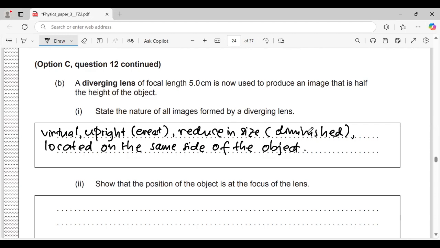And you may add the image smaller than f, as well, the image smaller than object.